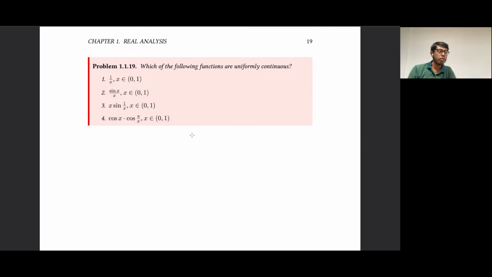This is a very easy problem, not difficult. What uniform continuity says graphically is that whenever the distance between x and y is less than delta, your functional value should also be less than epsilon.